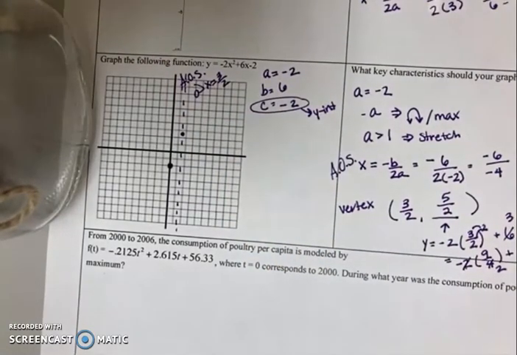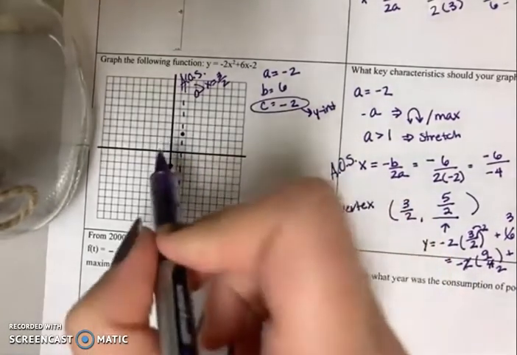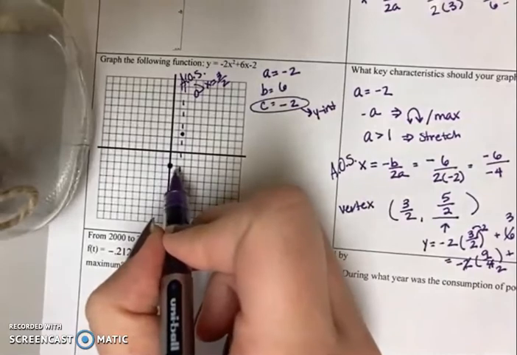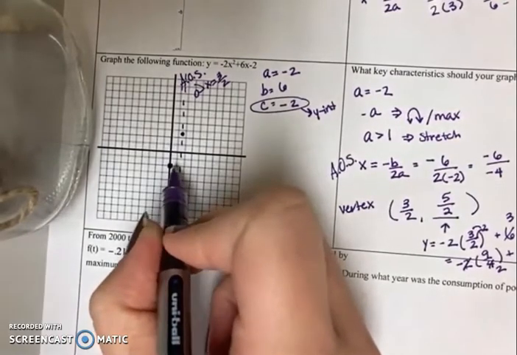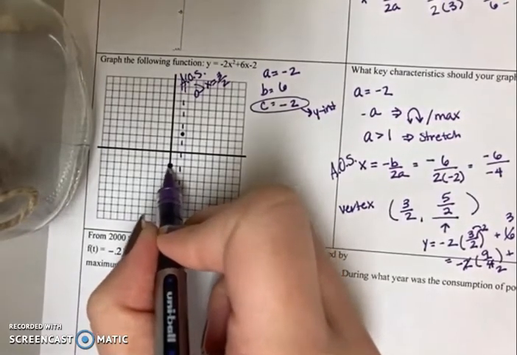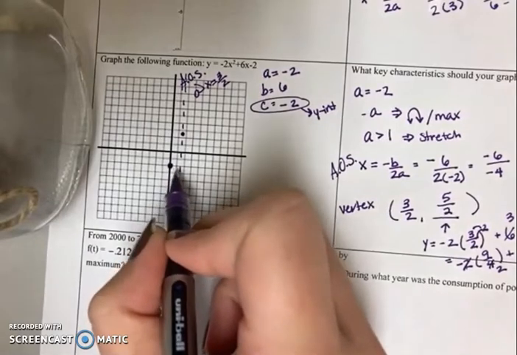To draw any parabola, you need at least 3 points. I only have 2 here. So this is where, if you look at the table where it says y-intercept, we're going to use the y-intercept to find a symmetric point. The axis of symmetry helps us because we know that our points are equidistant to this line.